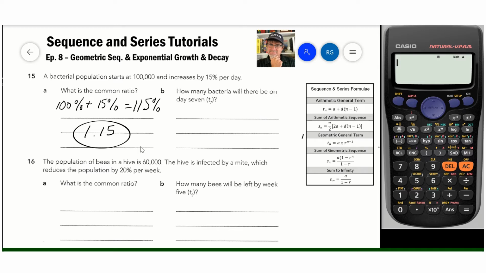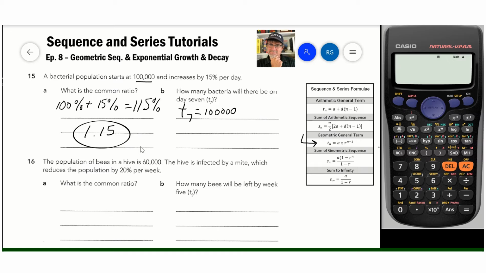So let's have a look at the geometric general term here. So we're going for 7 days. So we want the 7th term. And we've got to take A, the first term. That's right here, 100,000.